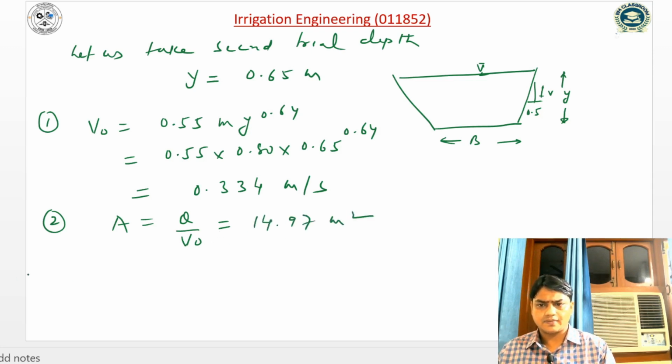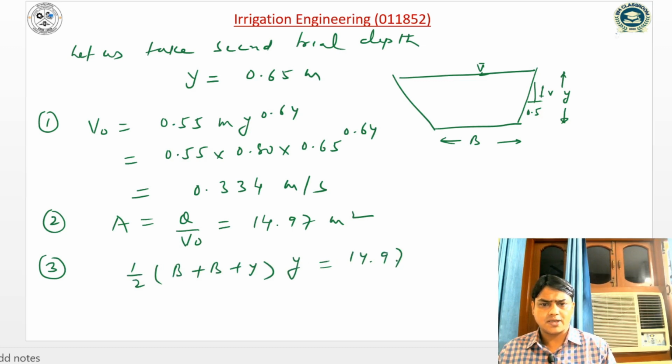This area can be computed as 1 by 2 into b plus y into y is equal to 14.97. So twice b plus 0.65 into 0.65 is equal to 14.97 into 2.